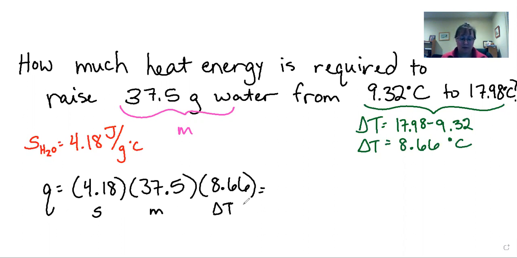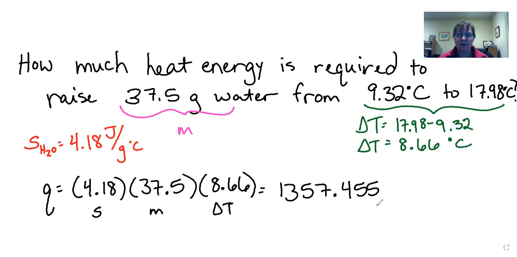So we have 4.18 times 37.5 times 8.66, and my calculator gives me 1,357.455.